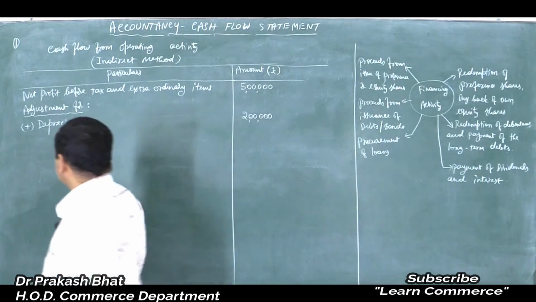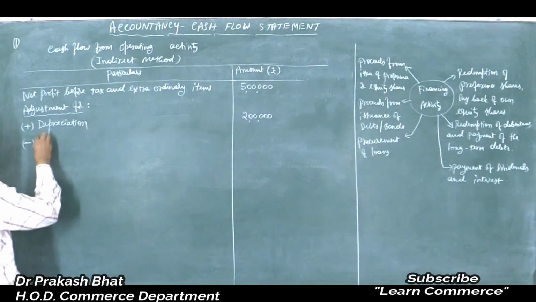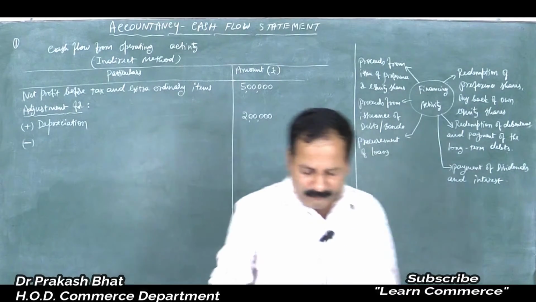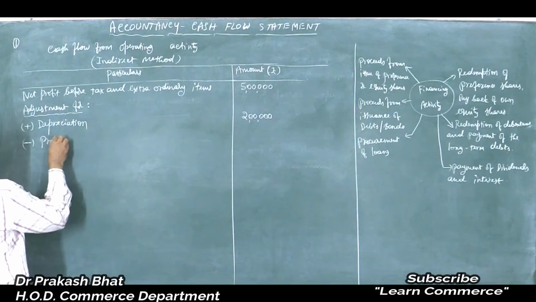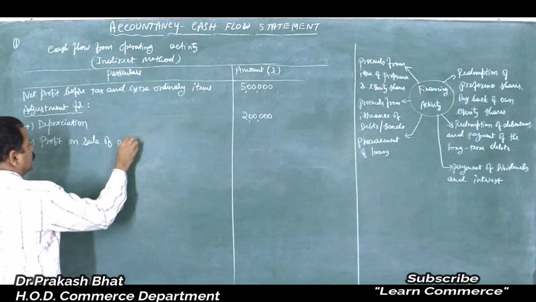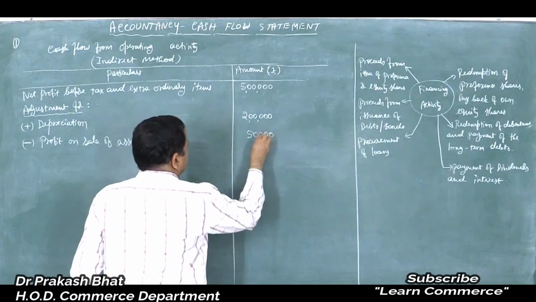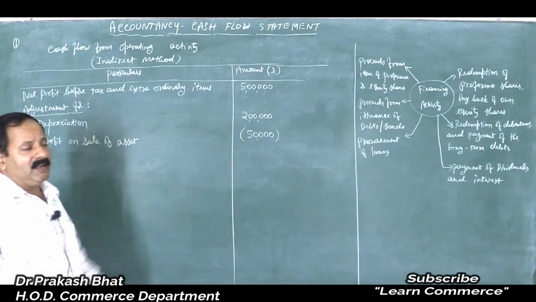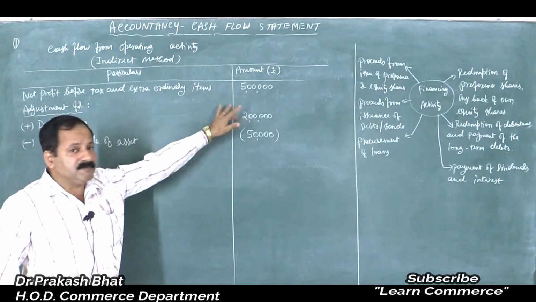So write the minus symbol here: minus profit on sale of asset 50,000. But here you have to write this figure within bracket because this is a minus figure. Am I correct? So while adding or deducting, you have to make sure that this is minus and these are plus figures. Make sure of it.